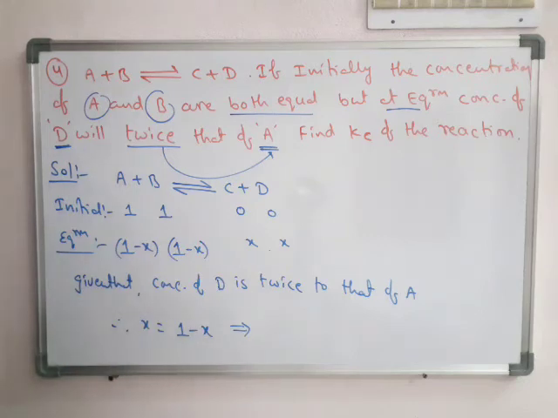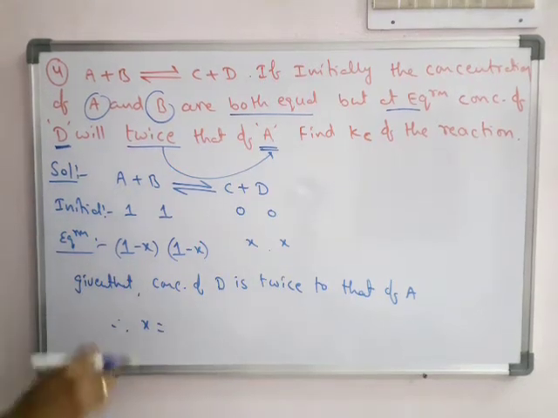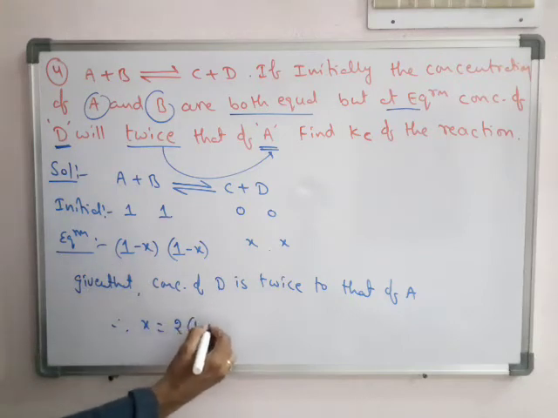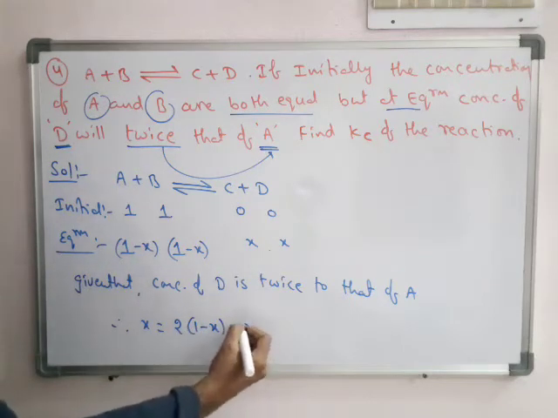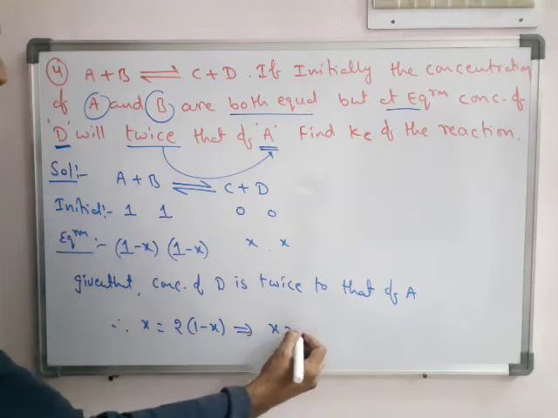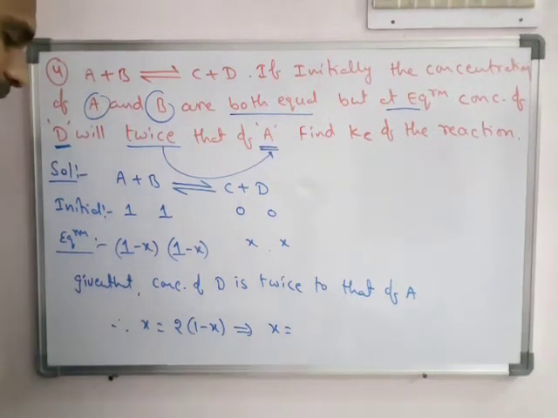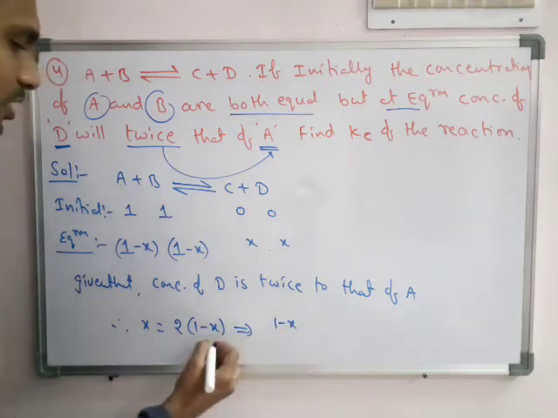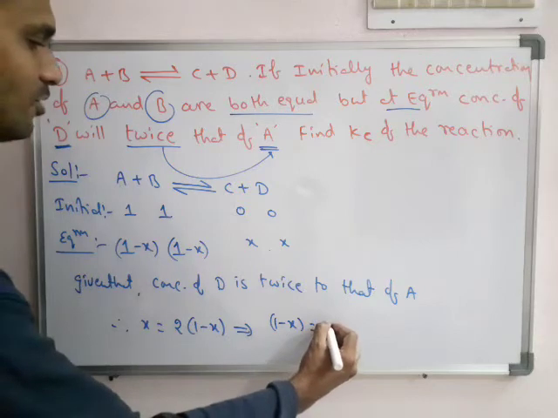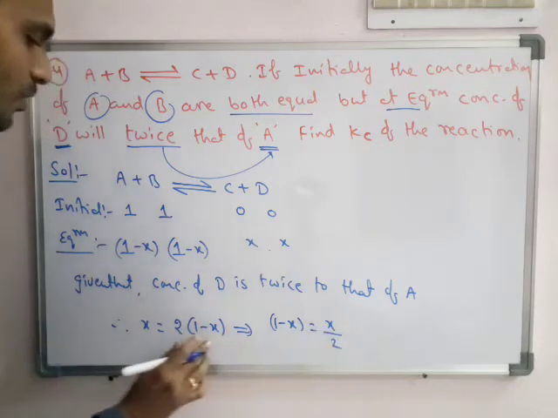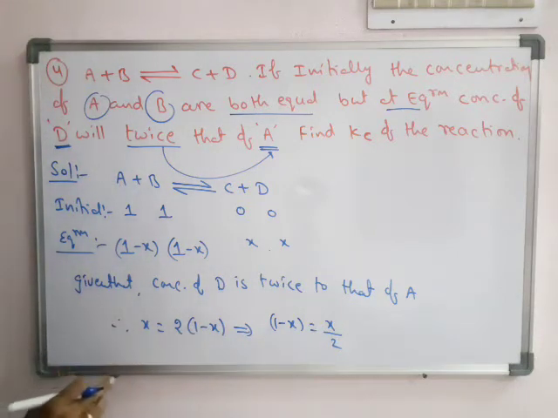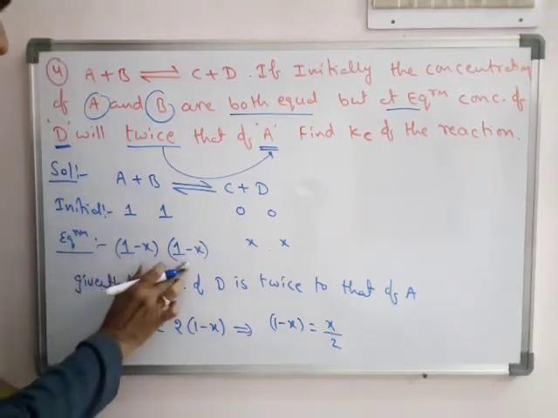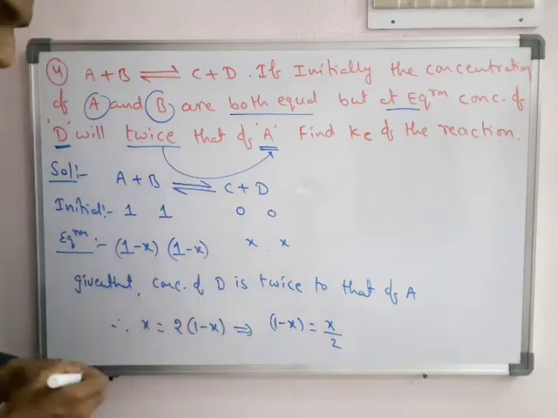Sorry, it is twice, so the concentration of A here is 1 minus x. It is 2 into 1 minus x. With the help of this we get a relation: 1 minus x equal to x by 2. In the place of 1 minus x we can write x by 2.